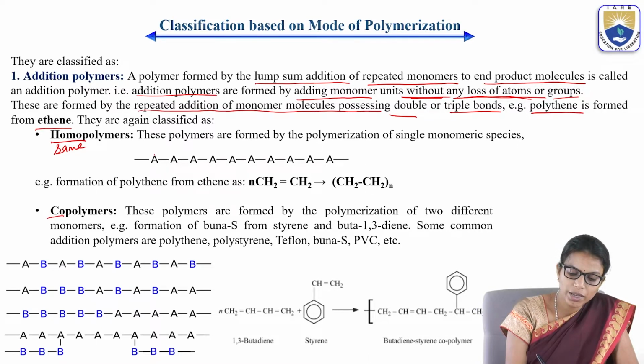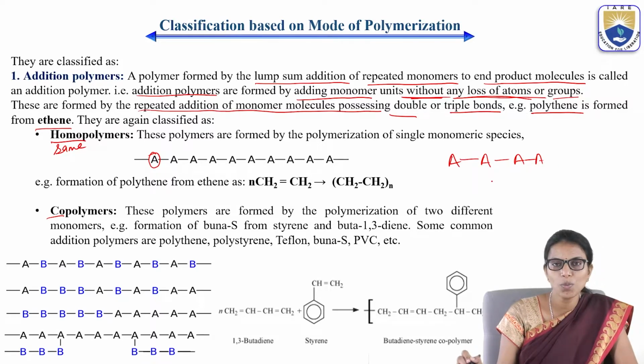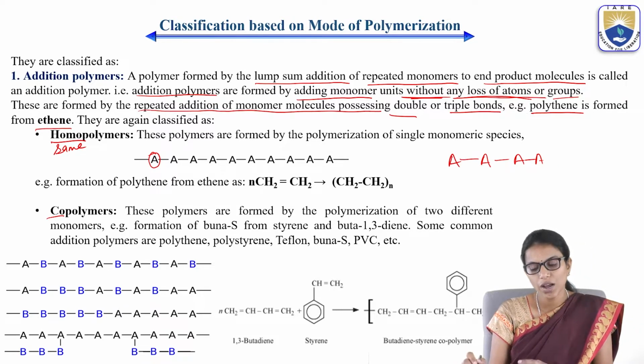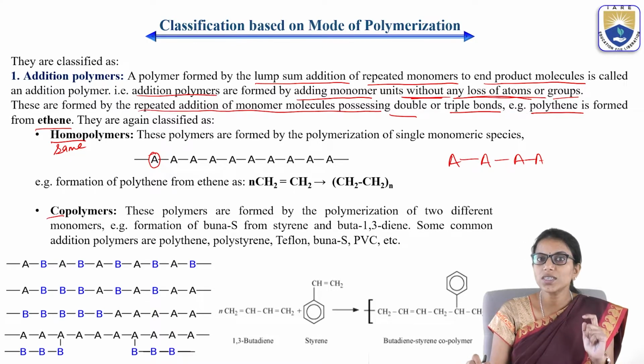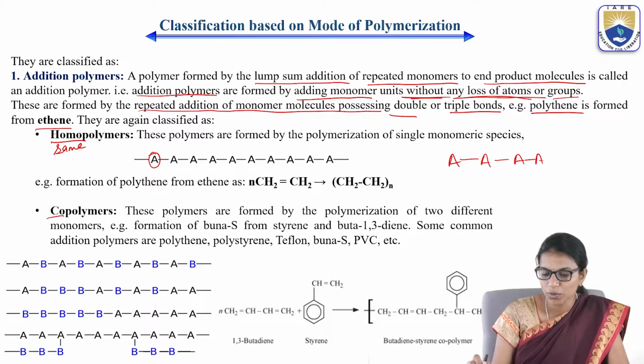For example, here I am taking the A type of molecule. A is a single monomer which is combined together and forms like that. So that polymer will come under the homopolymer, because here we have taken only a single type of monomer. That is why it is known as a homopolymer.